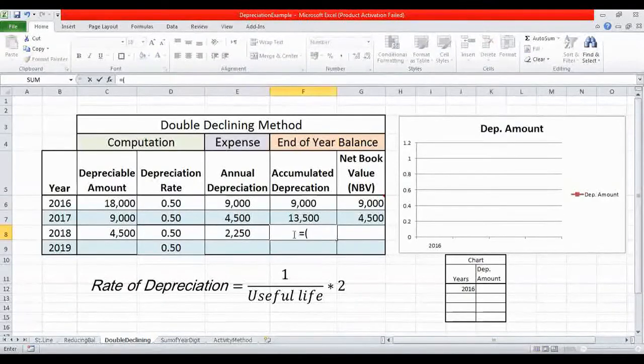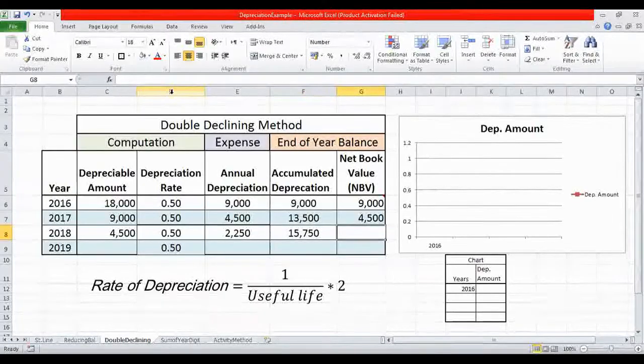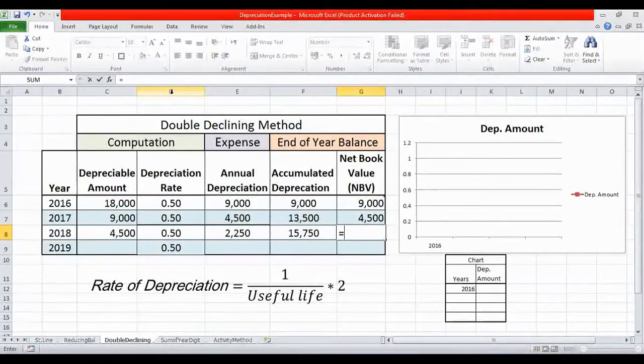So very easily we will do this plus this year's expense, sorry, this is addition. So 15,750. Again, in order to calculate the net book value, simple as that, 18,000, our cost, minus the accumulated depreciation.